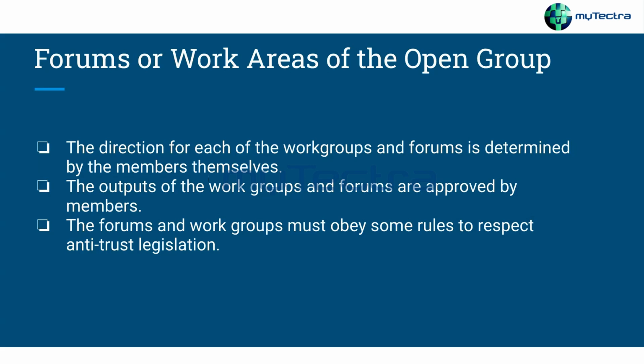Each forum is considered a separate group operating as a work group. The direction for these forums can be decided by members. The outputs of these forums are approved by members only. If the outputs are satisfactory for us, we will approve them and say that yes, this is working, this can be done. That is how people have framed this.